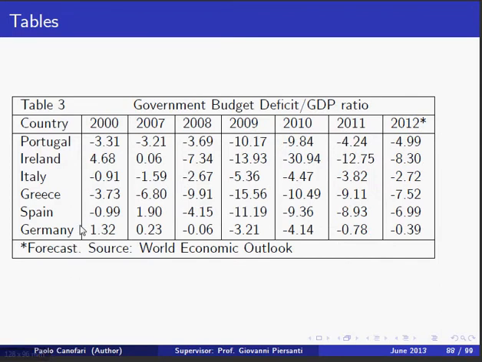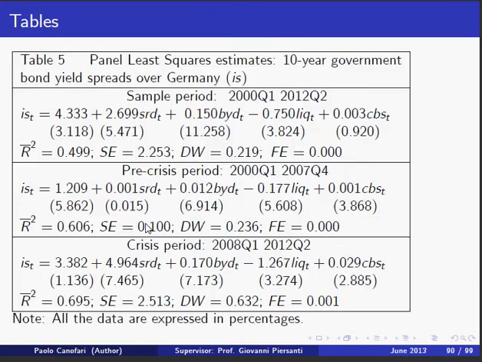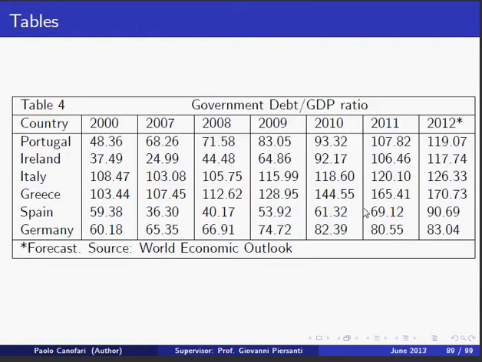In table 3, we can see after the global financial crisis the increase in the deficit GDP ratio in Ireland, for instance, and the increase in debt GDP ratio in table 4 until today. And this increase has been observed even if governments in the Eurozone have adopted strong austerity measures.